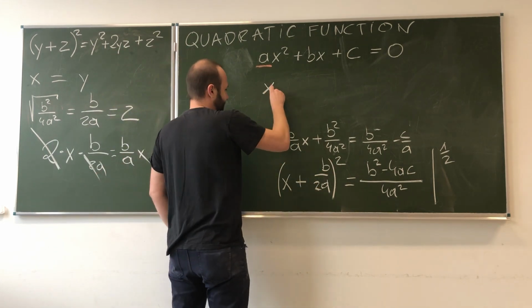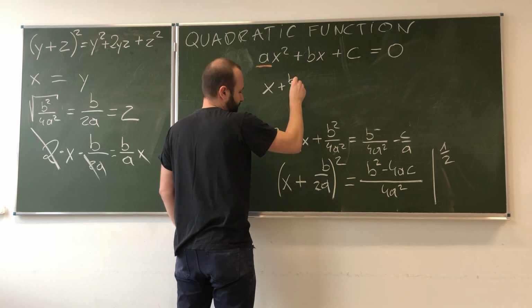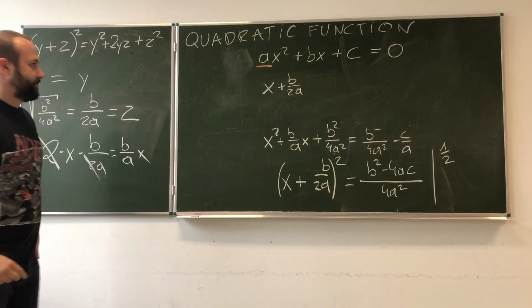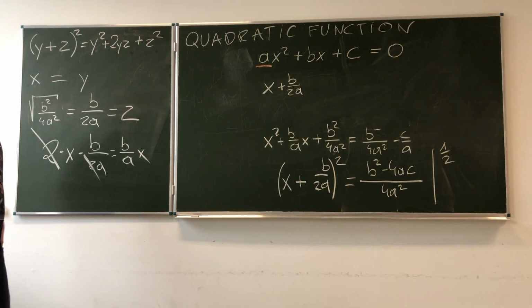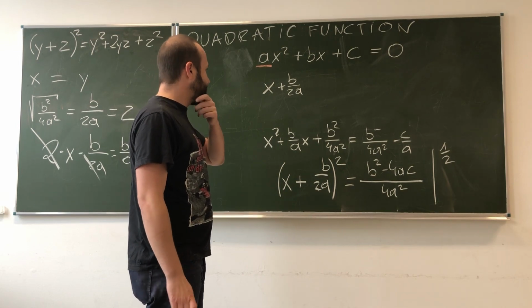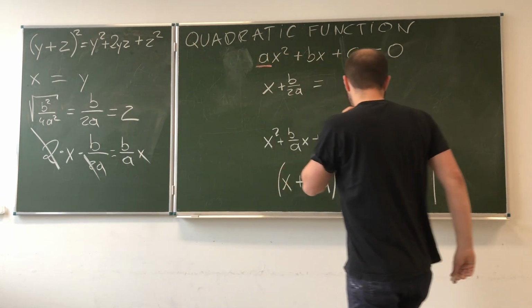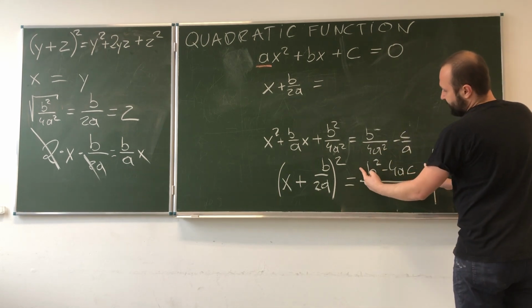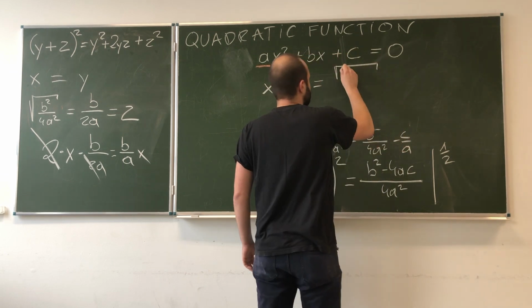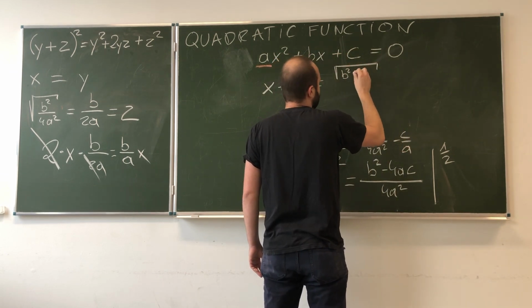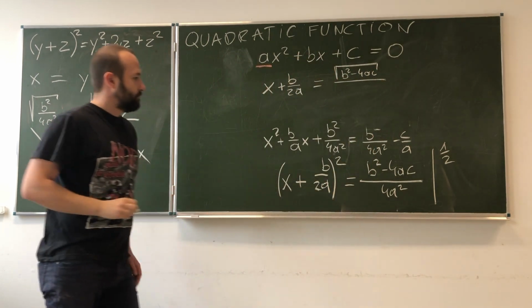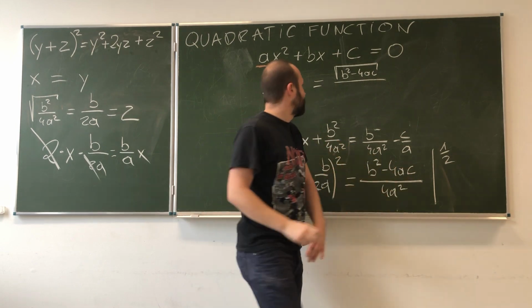All we obtain is x plus b over 2a, right? Now, what will we have on the other hand side? Well, on the other hand side, we should have square root of this and square root of this, and square root of this is 2a.